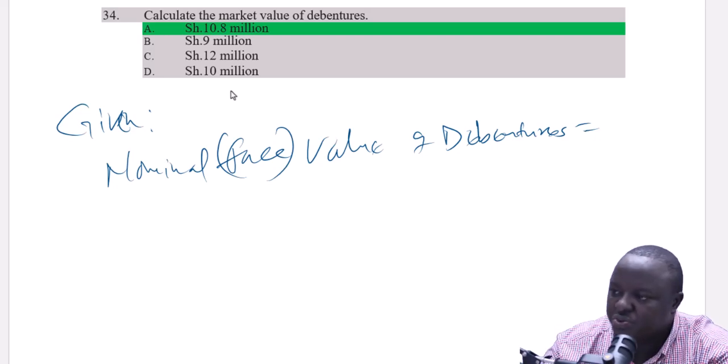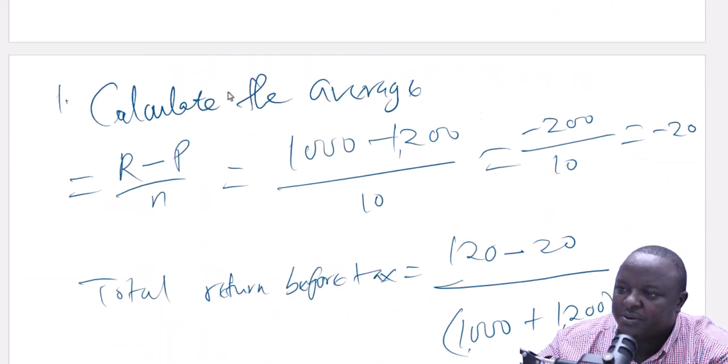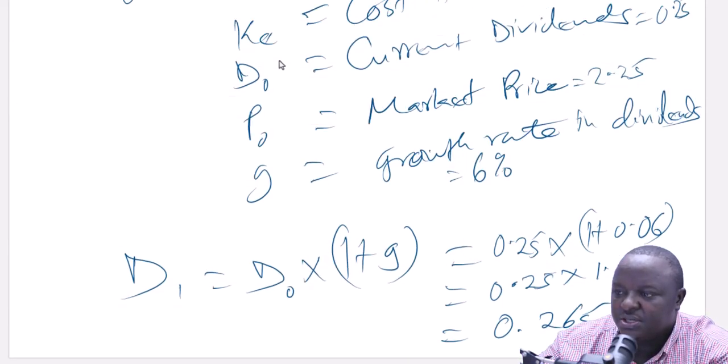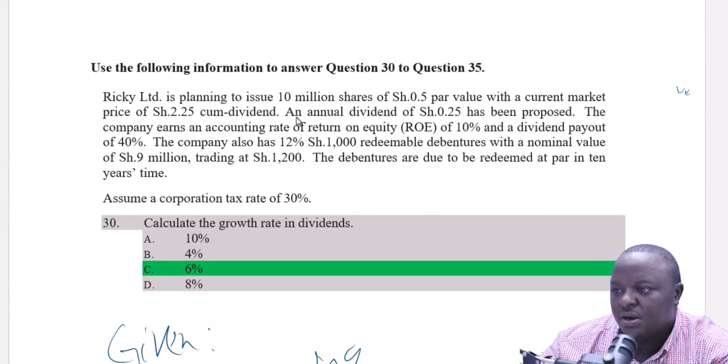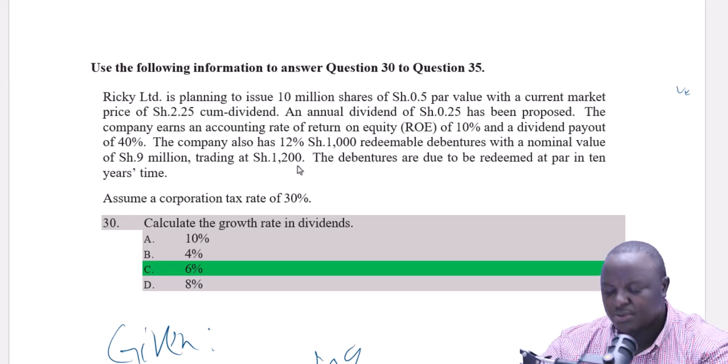From the question, I have to go back to the question. We have been told that the company also has 12% 1,000 redeemable debentures with a nominal value of 9 million, trading at 1,200.